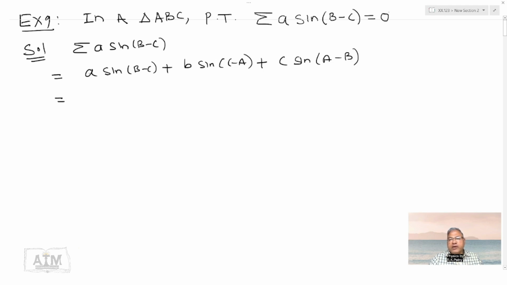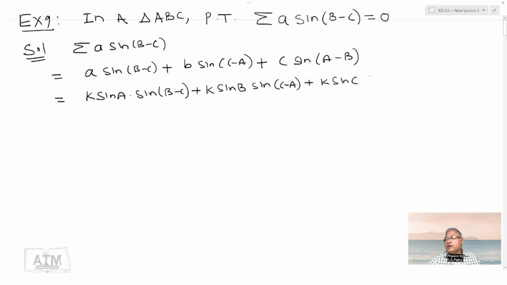Now by sine rule, A can be written as k sin A into sin B minus C plus k sin B into sin of C minus A plus k sin C into sin of A minus B. K is common.